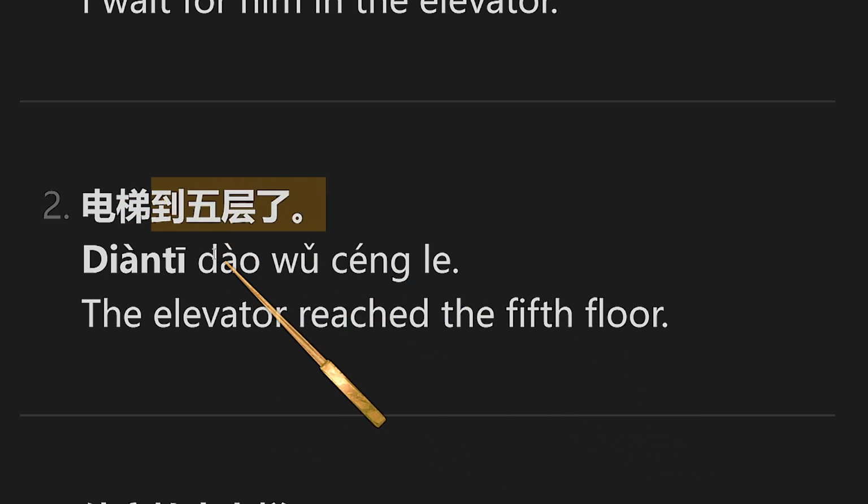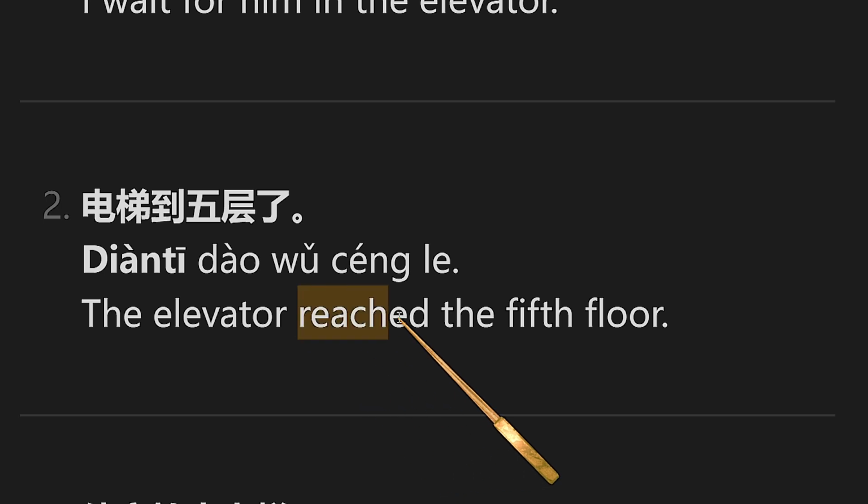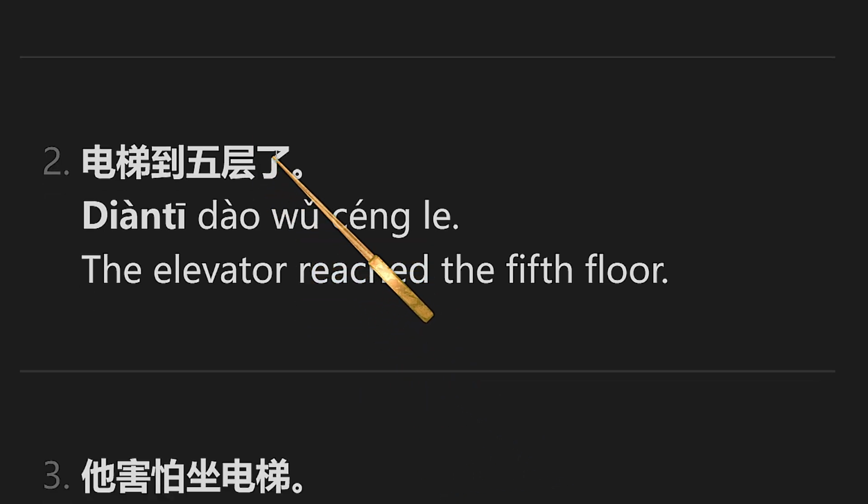Here 到 is to reach something, and 了 works together with it because past simple, reached. So 电梯到5层了 reached the 5th floor, but in Chinese it just says reached 5th floor. So we don't need to say 第5层.